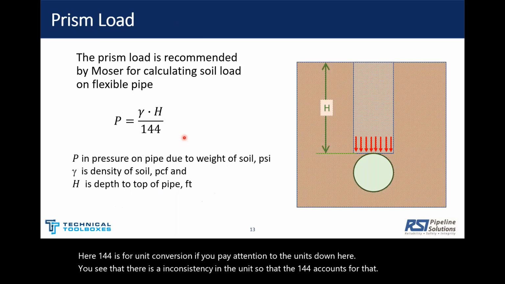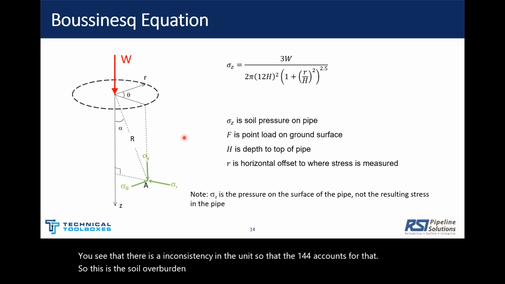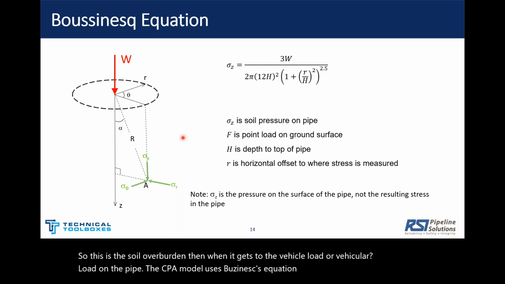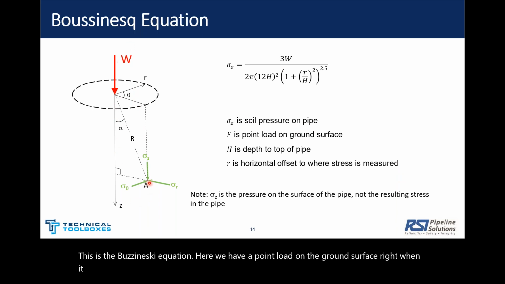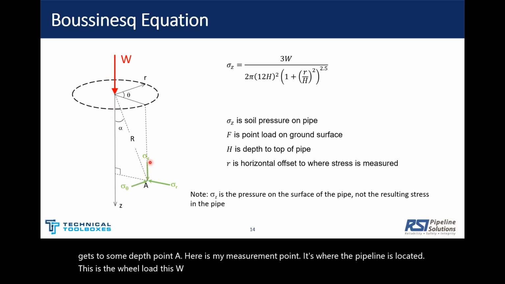So this is the soil overburden. Then when it gets to the vehicle load on the pipe, the CEPA model uses Boussinesq's equation. Here we have a point load on the ground surface, right? At some depth, point A here is my measurement point, where the pipeline is located. This is the wheel load, W. So how much vertical pressure do we get here?